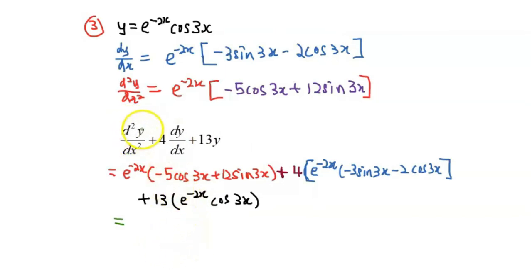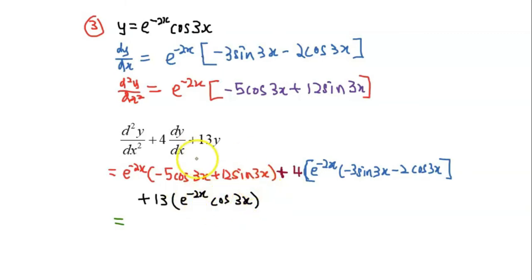So we will substitute the results from previously: d²y/dx² equals e to the power of negative 2x times negative 5 cos 3x plus 12 sin 3x, plus 4 times the result of dy/dx, e to the power of negative 2x times negative 3 sin 3x minus 2 cos 3x, plus 13y. y is our original equation, which is e to the power of negative 2x times cos 3x.